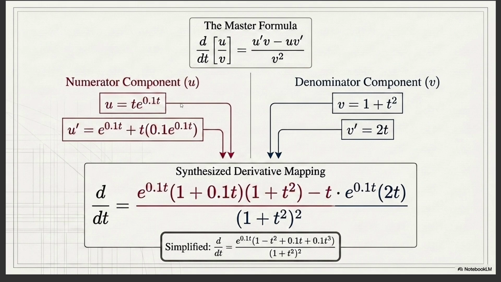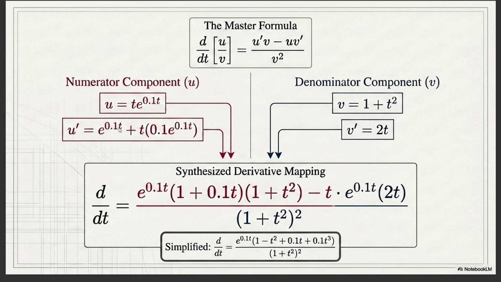First, we differentiate t and copy e^(0.1t), plus we copy t and differentiate e^(0.1t). This gives us u' equals e^(0.1t) plus t(0.1)e^(0.1t).